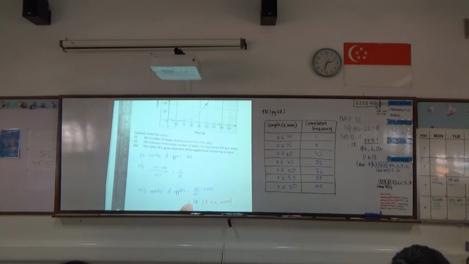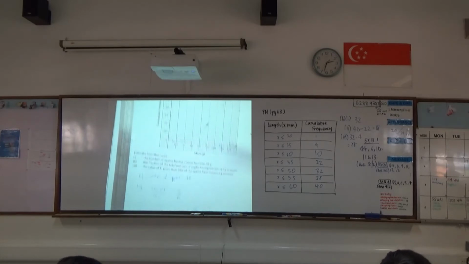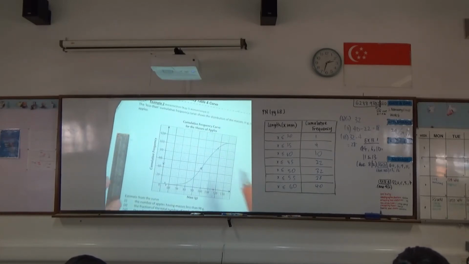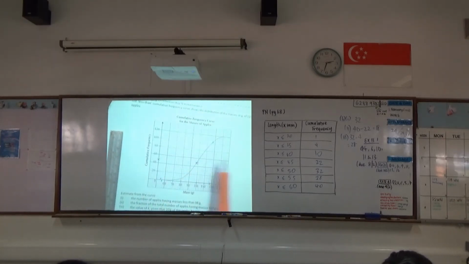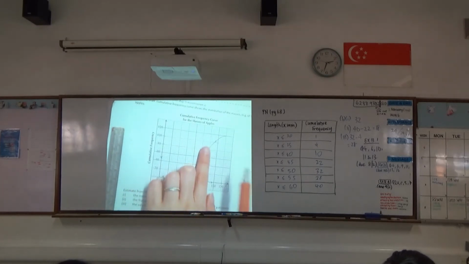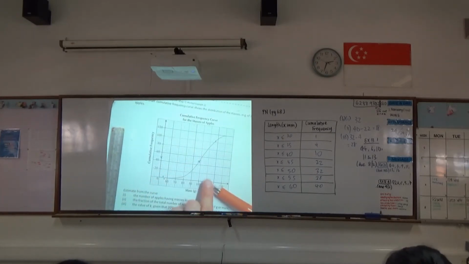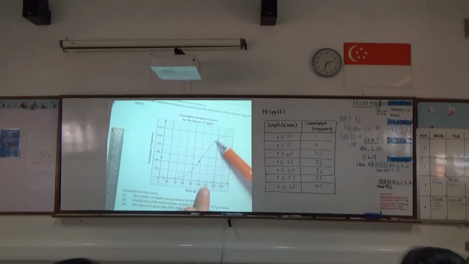What this means in the diagram is that there are 24 apples that are at a specific gram itself. So let's say it is this gram, 110, right? In this section here, there are 24 apples that are 110 grams or more.